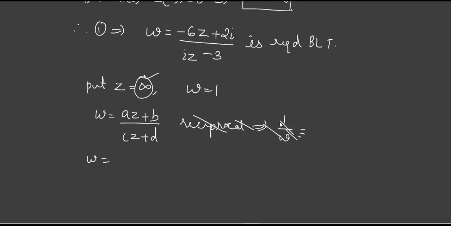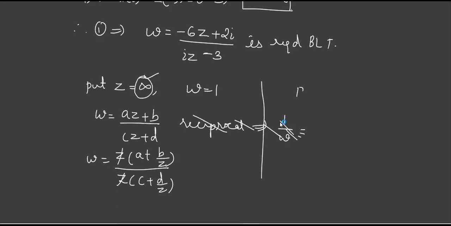Can you guess what has to be done? Z common, very good. So here it is A plus B by Z. Here also you take Z common so that it is C plus D by Z. So this will be cancelled. Now you can put Z as infinity so that this term becomes 0 and W will be A by C. For the general method I'm explaining.